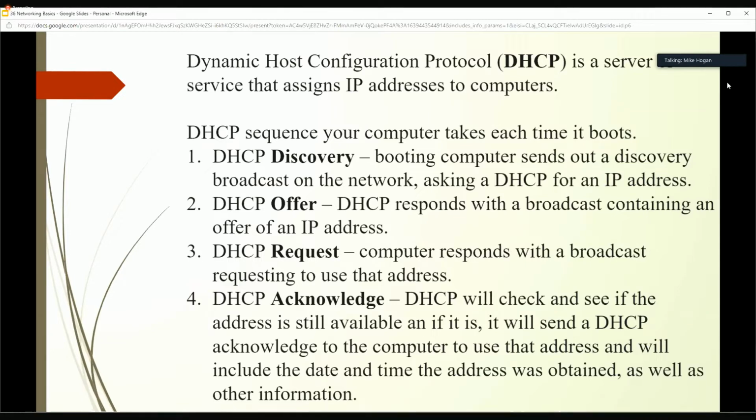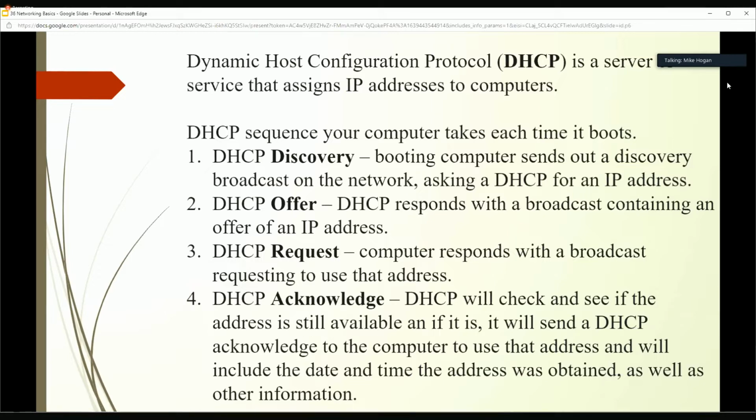So basically, this process, these 4 steps, if I have a DHCP server, and so I will assign a DHCP server to my network.